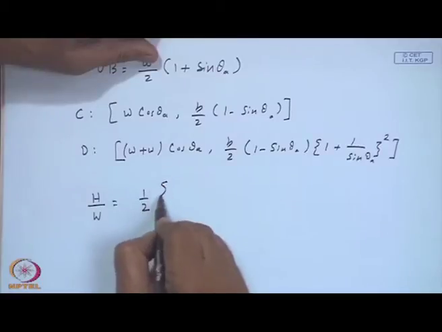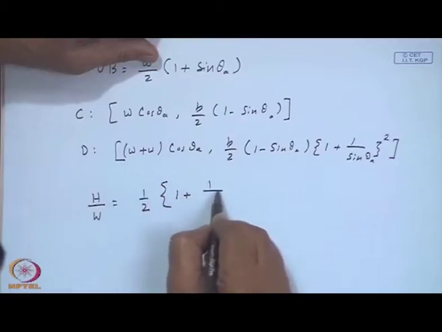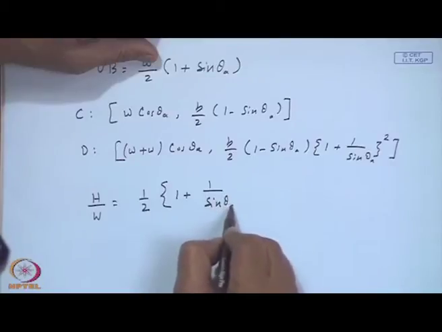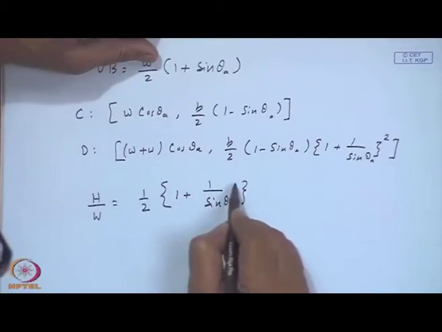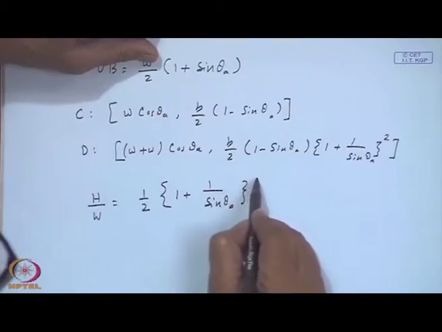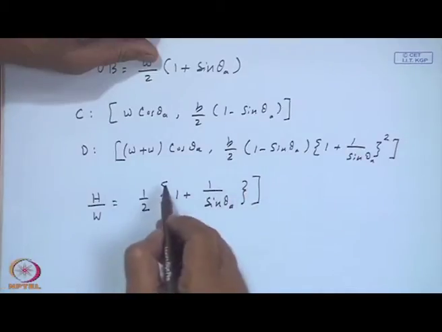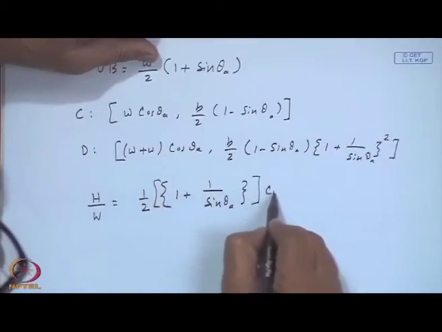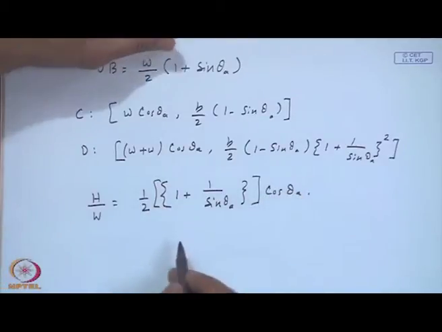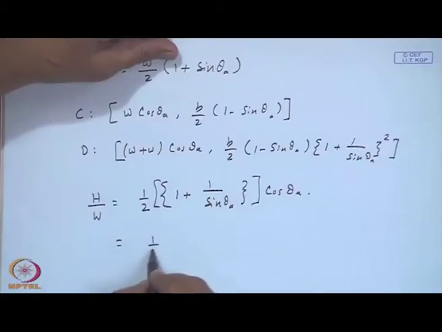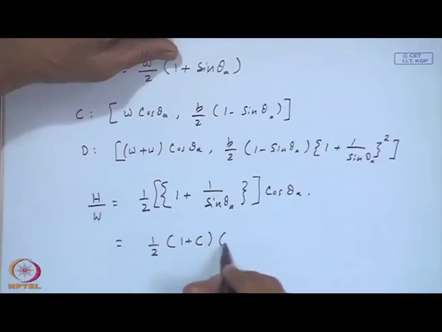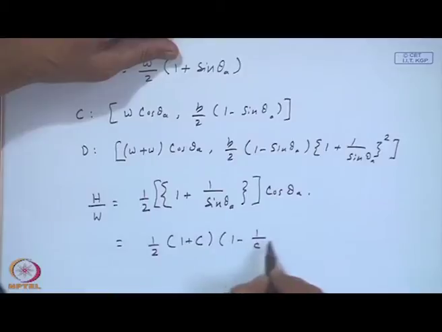It is half times 1 plus 1 upon sin theta A times cos theta A, which is nothing but 1 by 2 times 1 plus C times 1 minus 1 by C squared to the power 1/2.